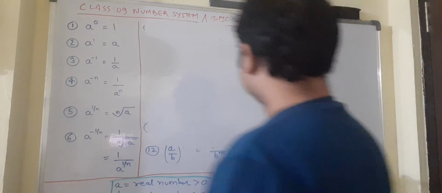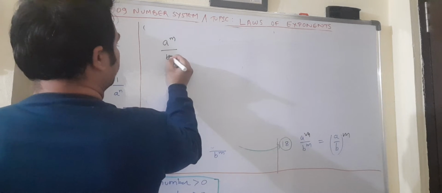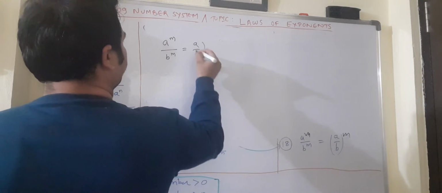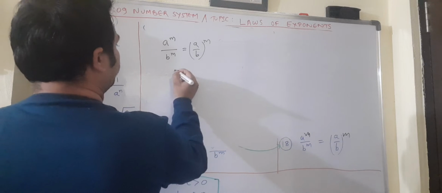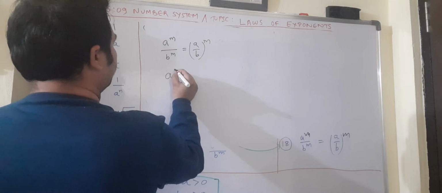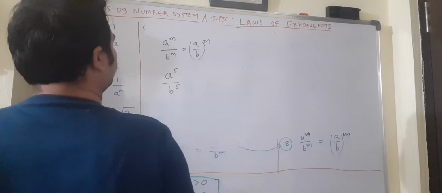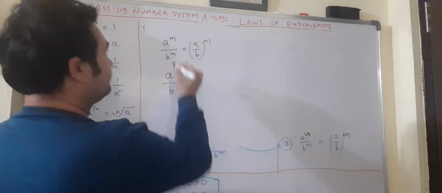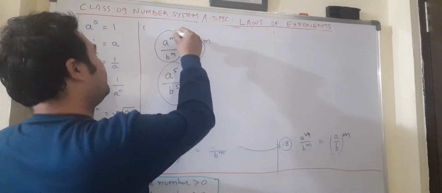Next, a to the power m divided by b to the power m becomes a by b whole to the power m. Suppose we have a to the power 5 and b to the power also 5, only the bases are different and the exponents are the same. This is of the form as given above.